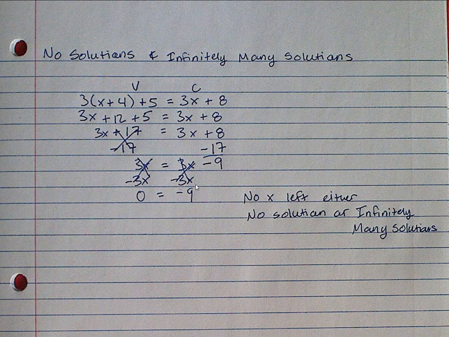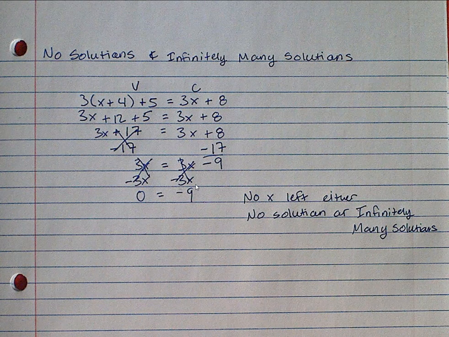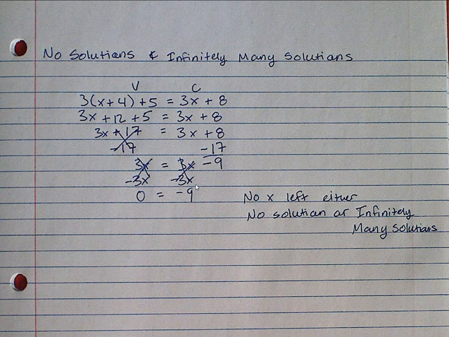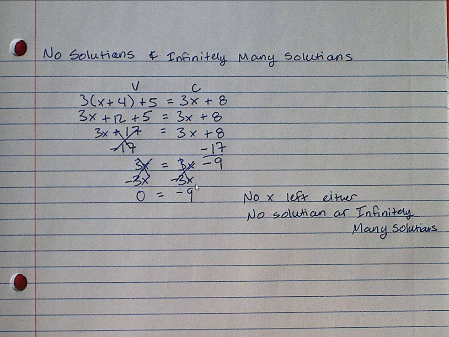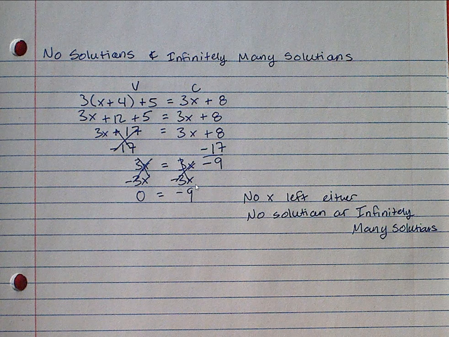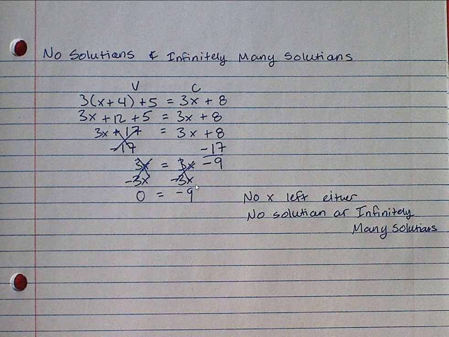So if the x falls out entirely, there's no more variable left in your equation once you get to this point, then it's either going to be no solutions or infinitely many solutions. All right? Now here's how you tell which is which.